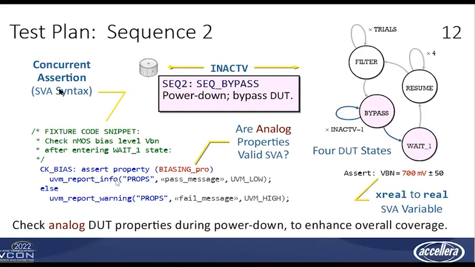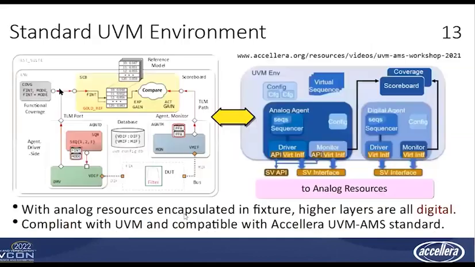Here we're asserting that property using standard UVM reporting methods with severity info or warning to generate pass or fail messages. So to summarize, above the fixture level, we've got a standard UVM testbench, purely digital, and it's compliant, at least in concept, with the Accellera UVM AMS standard.